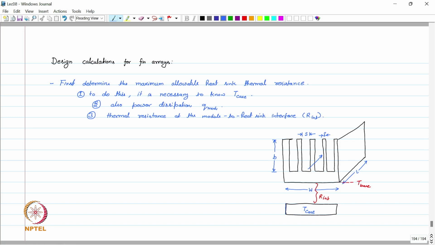So when we know all these three parameters, we can calculate the heat sink temperature.